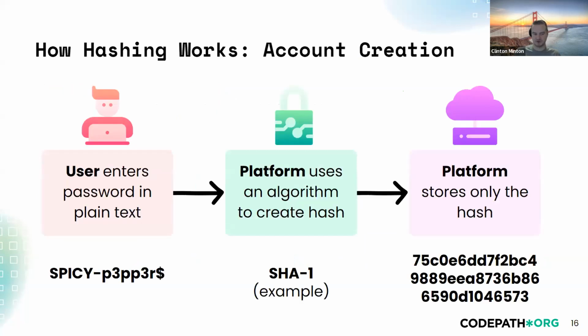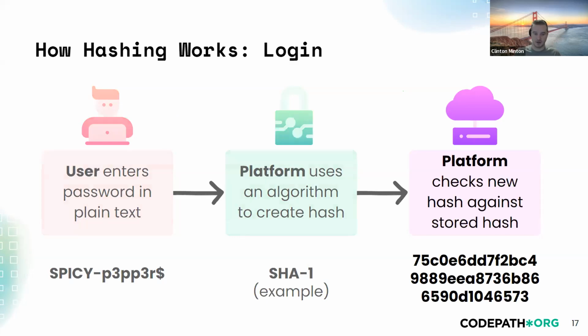Here's an example. If you're creating an account on a web app, the user would enter their password, spicy peppers, and then the platform would use some sort of algorithm. Here they use SHA-1, and they end up with this hash. And then they would just save this hash. On future logins, the user would enter the password again, and then the server or the client, you could do this in JavaScript too, so on the client side you could go ahead and create the hash.